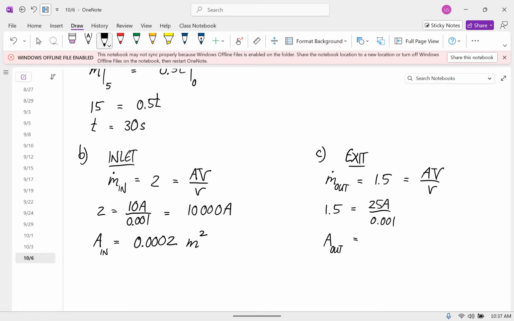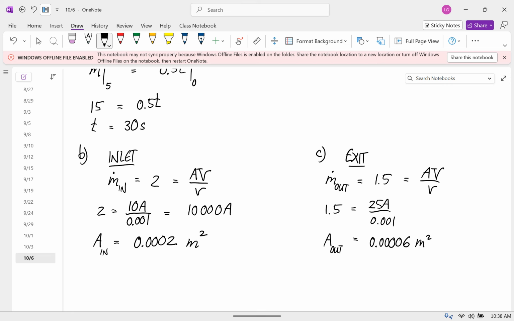And so the area of that exit hole is 0.00006 meters squared.